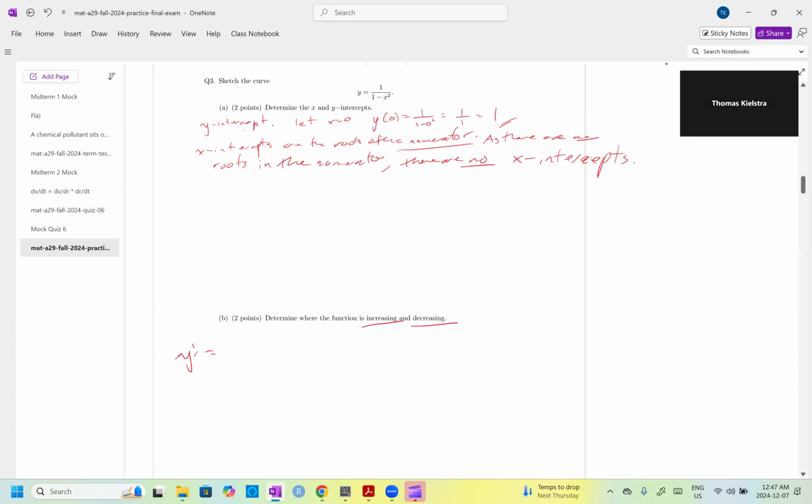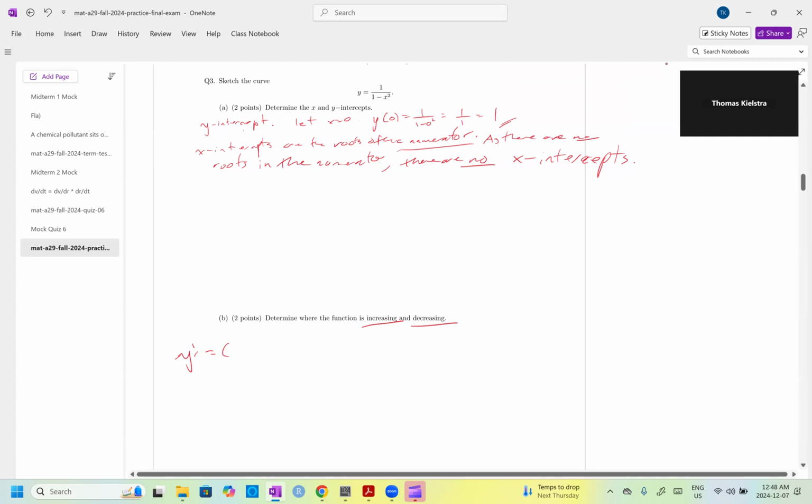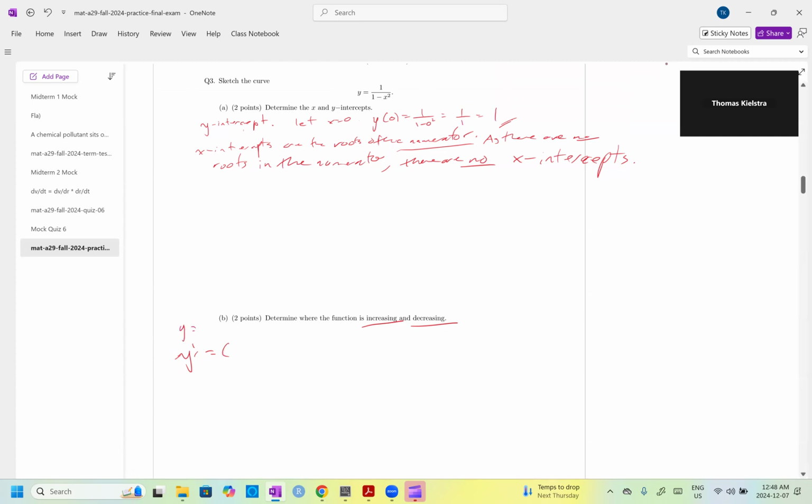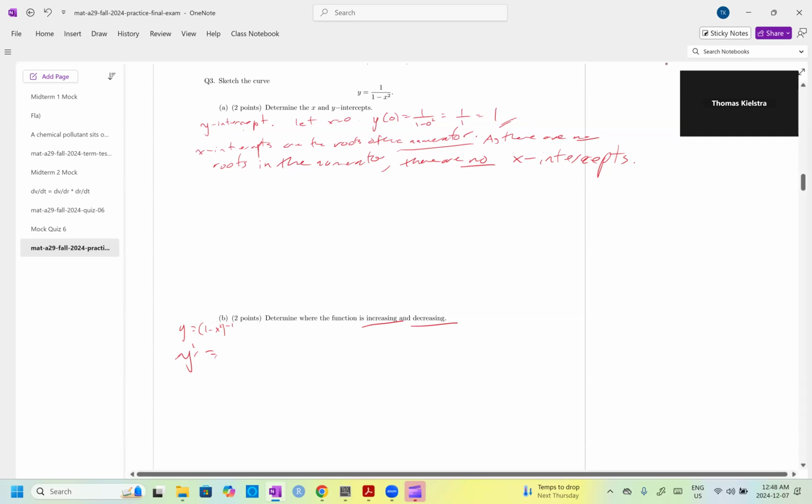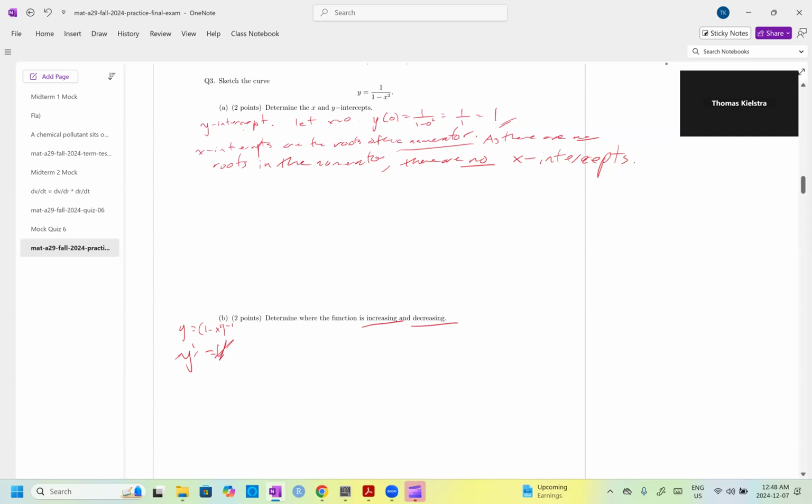Now, to do this, I'm going to use the power rule. So I'm going to have y equaling 1 minus x squared to the minus 1. This becomes multiplied by the power decreased by 1.